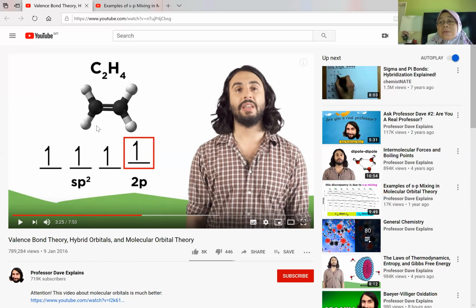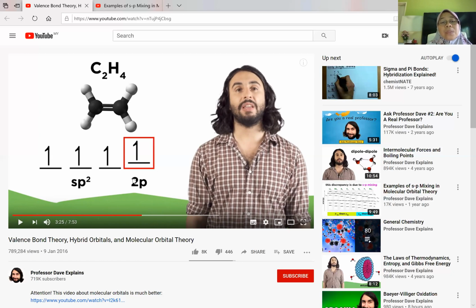So 3 electrons now need to be accommodated. Previously CH4, 4 electrons. So in order to accommodate 3 electrons from the hydrogens and this carbon, you only need to provide 3 empty spaces. So that's why the combination of s and 2p is enough. So that's why the hybridized orbital is only sp2, not sp3.